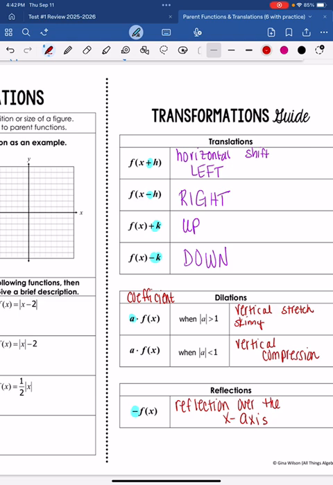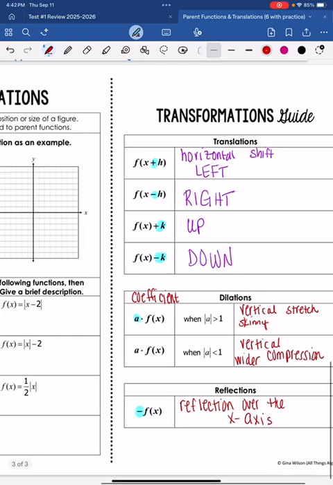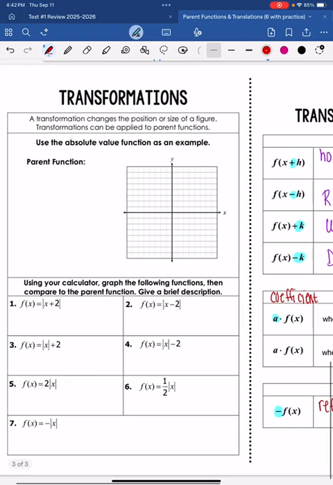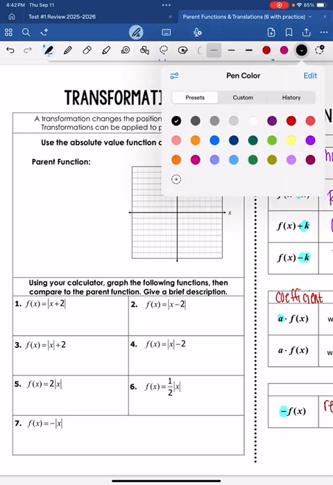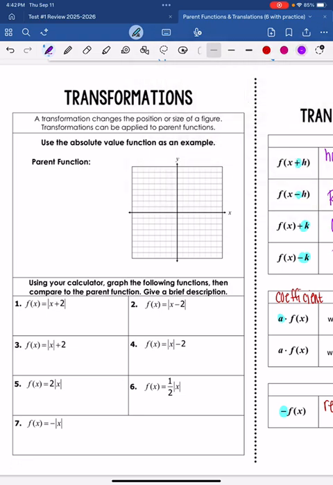And a vertical compression means the graph is wider. Okay, I want you to pause the video and take a minute to fill in 1 through 7, compare with your neighbors, and when you're ready, push play on the video and see how you did.